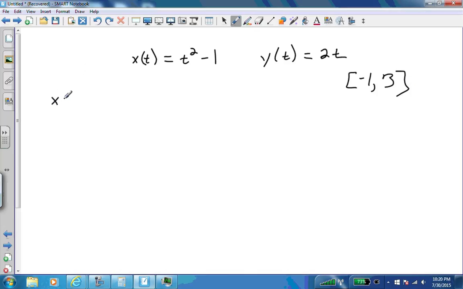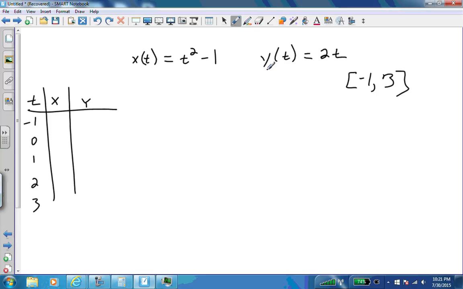So if we make a table, let's do t, x, and y. So let's do -1, 0, 1, 2, and 3. If we substitute a -1 in, we get -1 squared minus 1 is 0. Let's just go down through and do all the t's here. If we put a 0 in, we get -1. Put a 1 in, we get 0, 3, and 8.